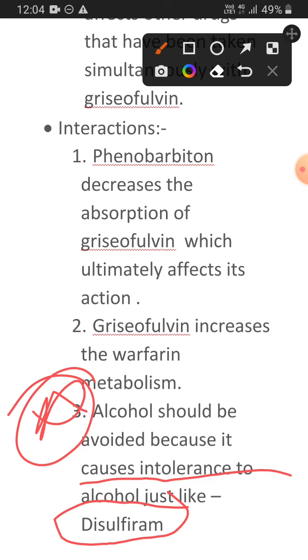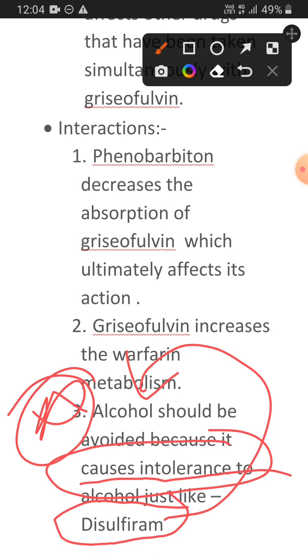So what is disulfiram? Disulfiram is a very famous treatment in case of alcohol addiction, because disulfiram causes alcohol intolerance. So headache and vomiting occur if someone takes alcohol along with disulfiram, and griseofulvin does the same. So that is the important interaction.